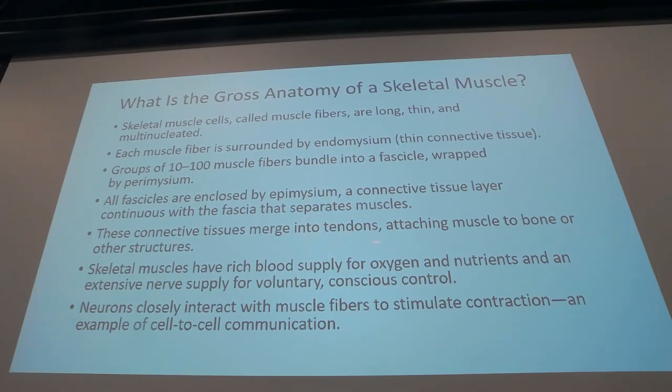Now, our muscle fibers are under voluntary control for the most part. Unless you're a poker player, you can control the movement of your muscles of the face pretty well, but sometimes our emotion shows no matter what through our facial expression.